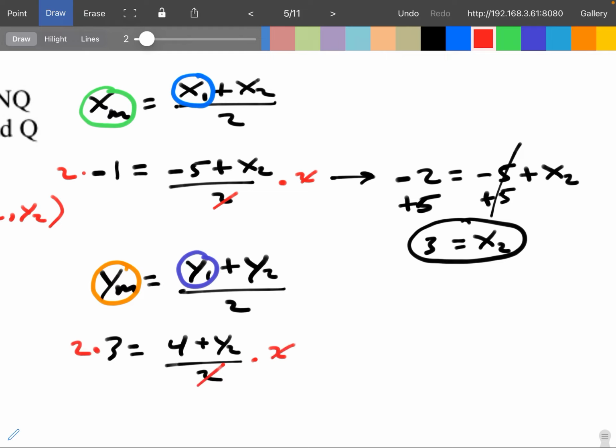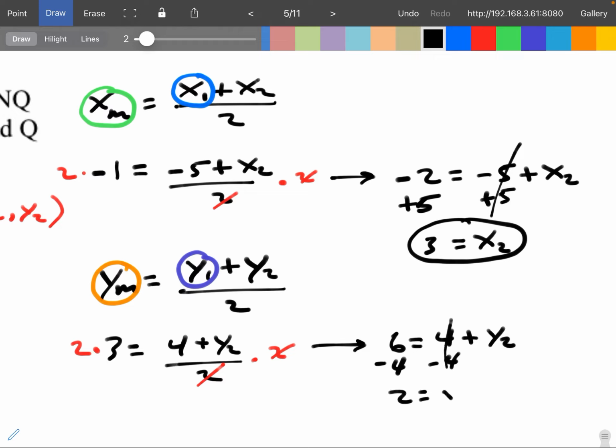Then we got to solve this equation over here to get the y coordinate of the missing endpoint. So how do you solve this one? First step, how do we get rid of the 2 again? Yeah, good. So we're just going to multiply both sides by 2. These 2's are going to cancel on the right.